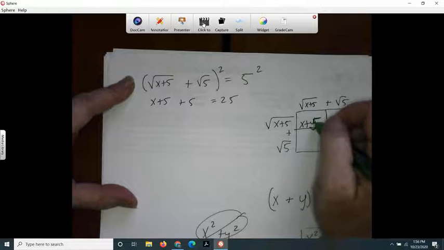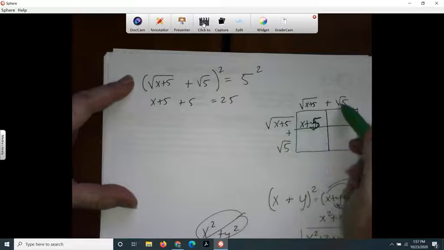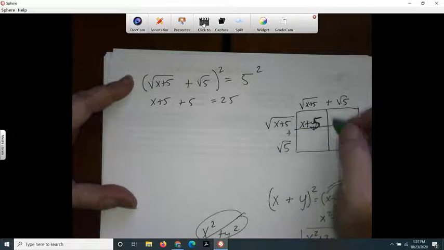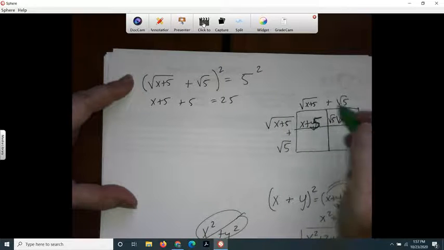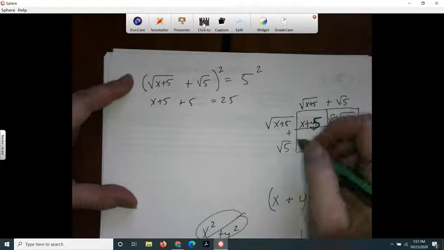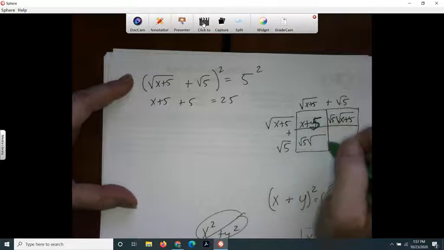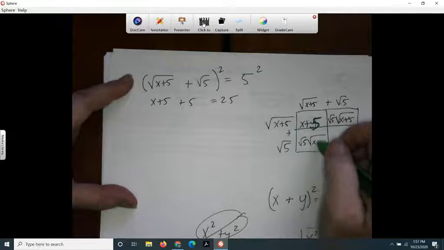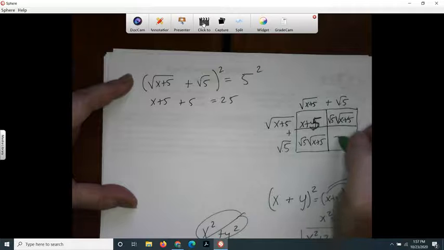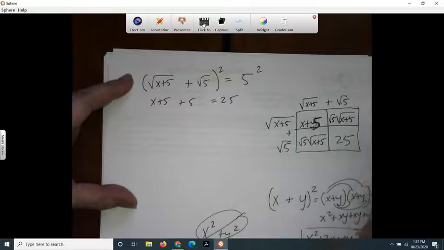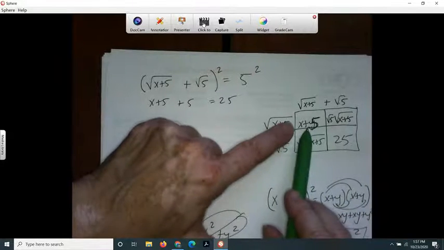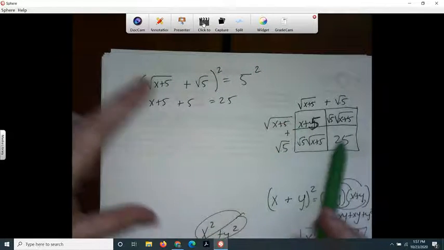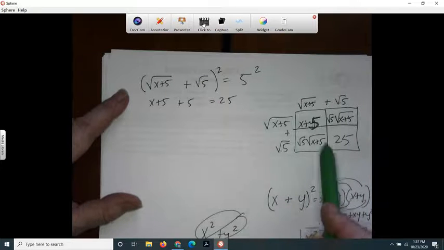This times this would give you square root 5 times square root x plus 5. This times this will give you another square root 5 times square root x plus 5. This times this will give you the nice little 25. So you do get x plus 5 and 25 if you square this, but there's this other middle part.